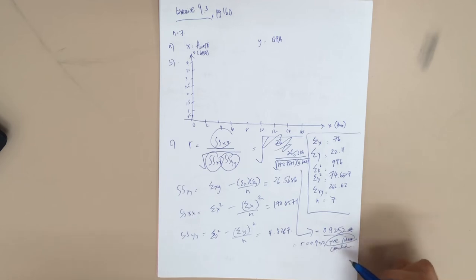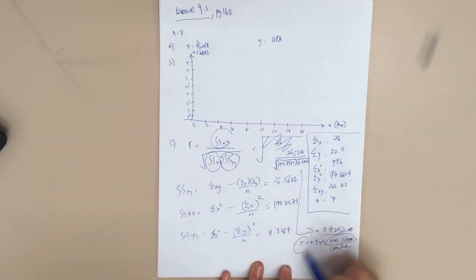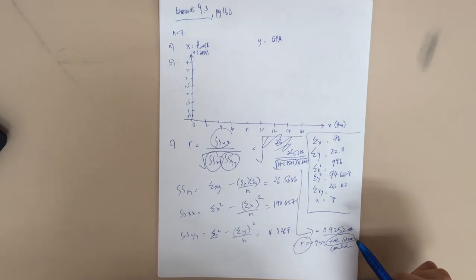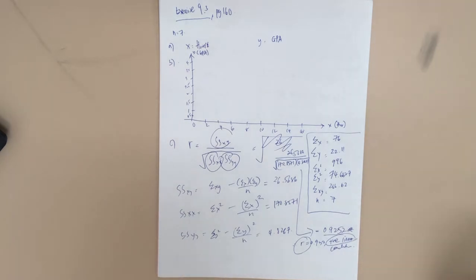Even though the question didn't ask for it, sometimes the question will ask you to make a conclusion regarding the value of R. So your R is 0.9252, therefore this is a positive linear correlation. Okay, so we are done for C.